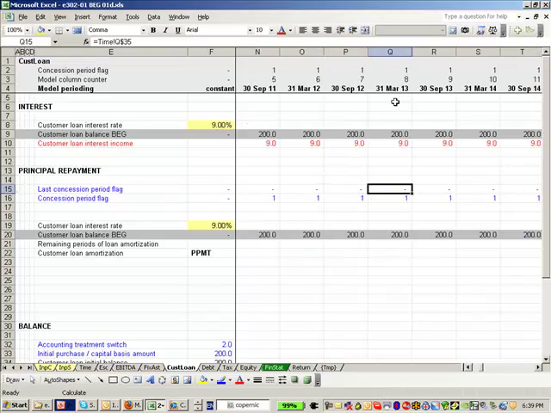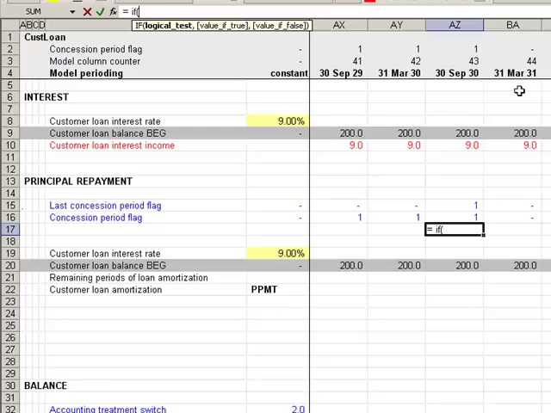And if I think in terms of looking out here, what I'm getting at is that if that flag is equal to 1, and I'm in that last period, so I'm deliberately modeling all the way out here in column AZ, if that flag is equal to 1, there's one more period left to amortize the loan.